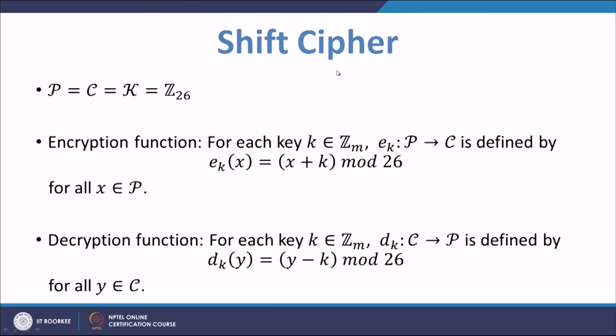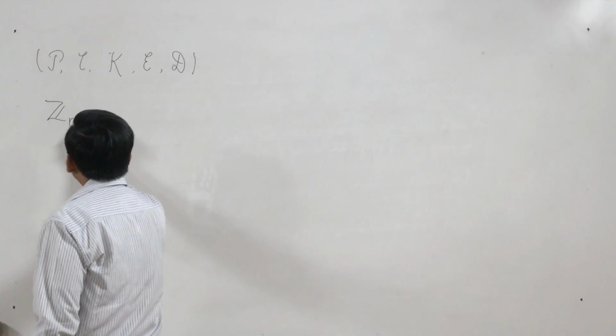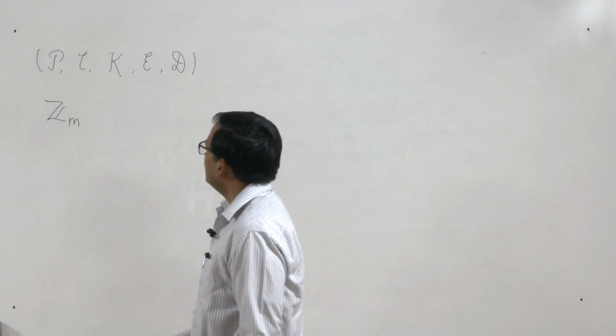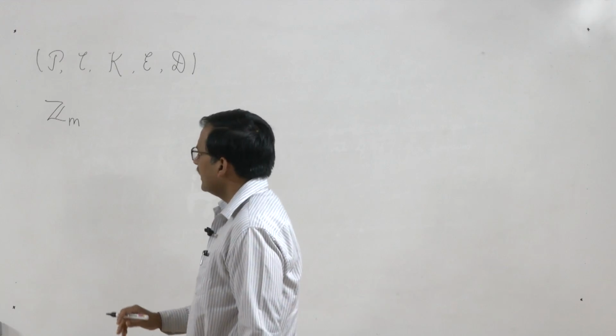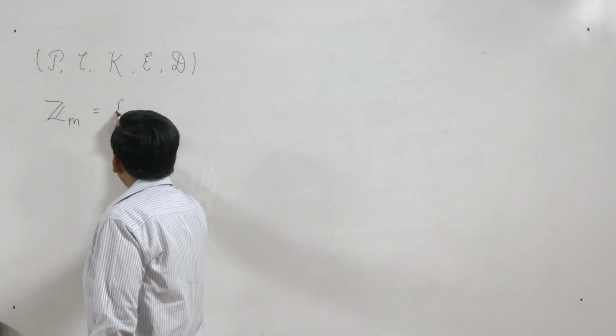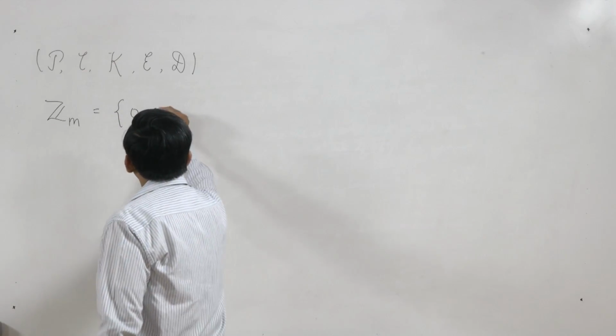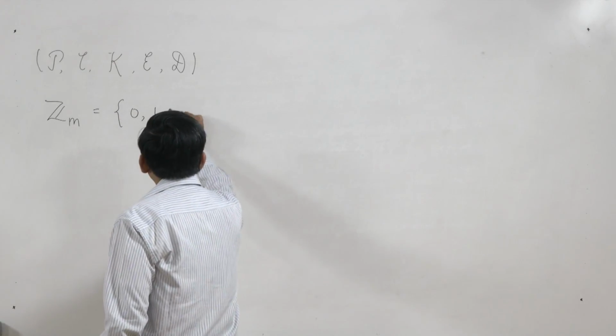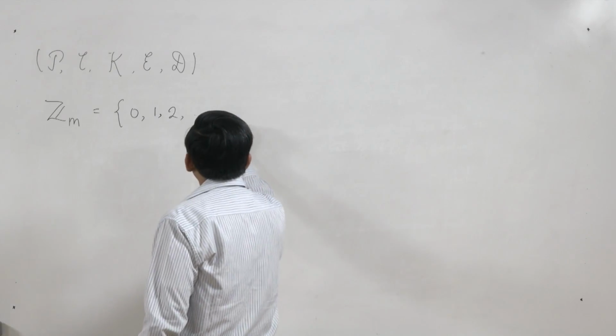Here P, C, K are all equal to Z mod 26. We have studied Z sub m, that is the class of residues modulo m, which can be written as 0, 1, 2 up to m minus 1.